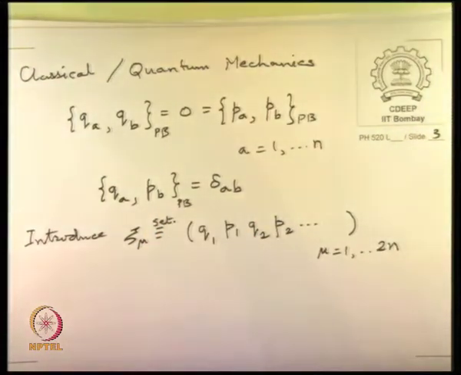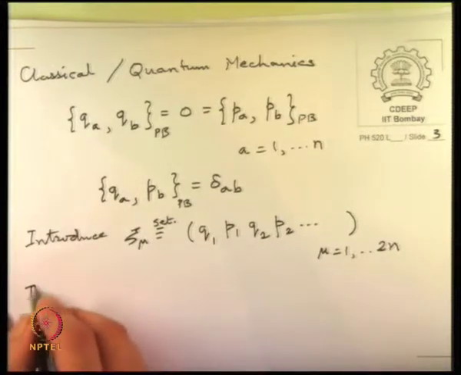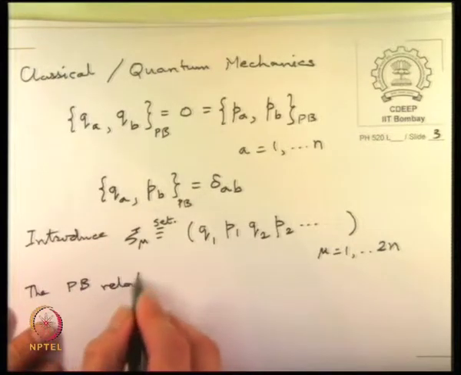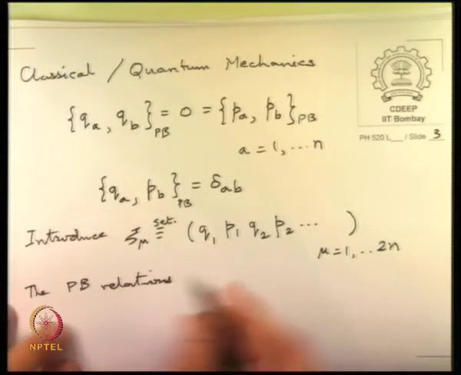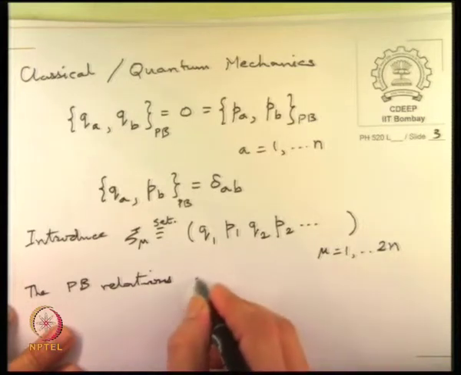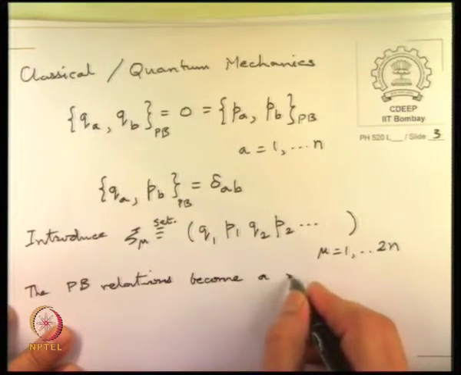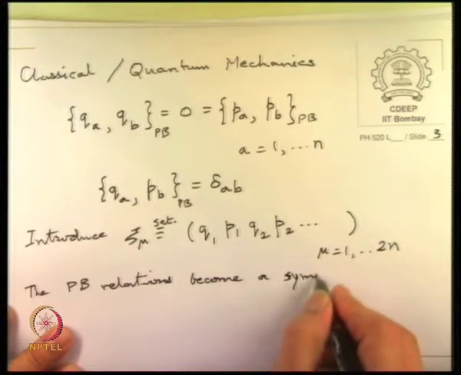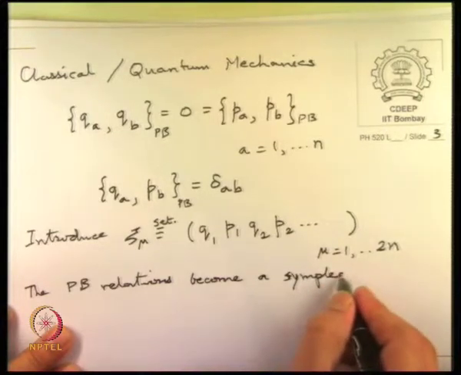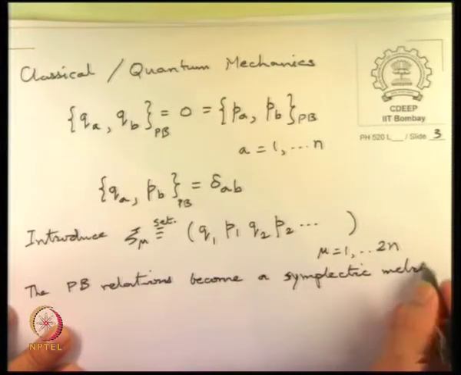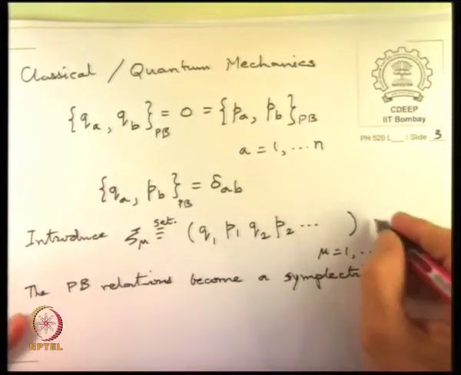So as Poisson brackets, the Poisson bracket relations essentially become a symplectic metric on this so-called phase space.